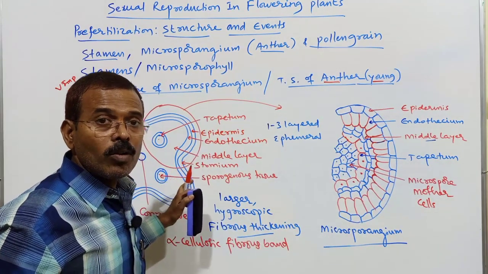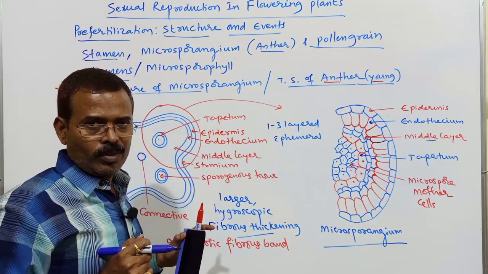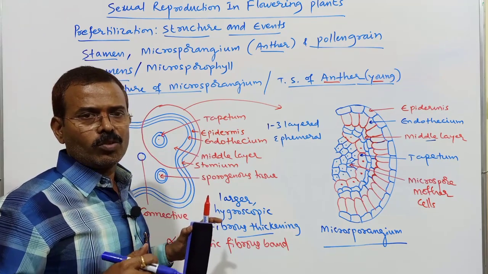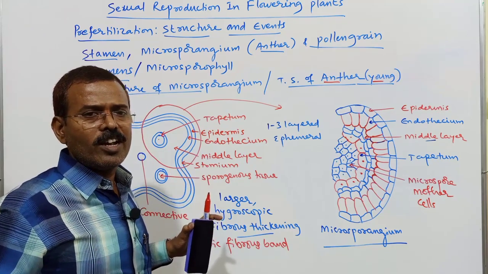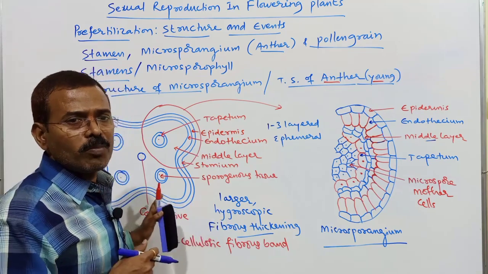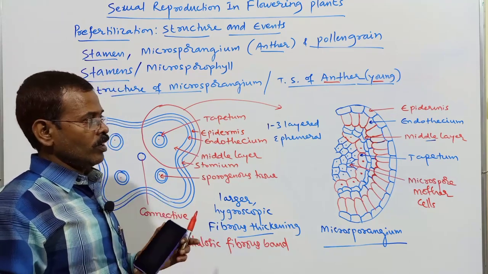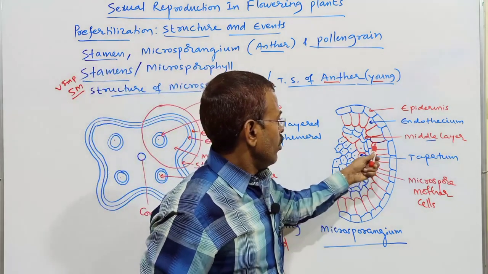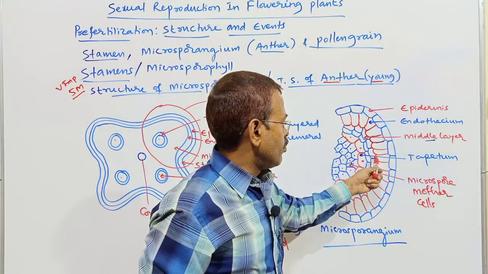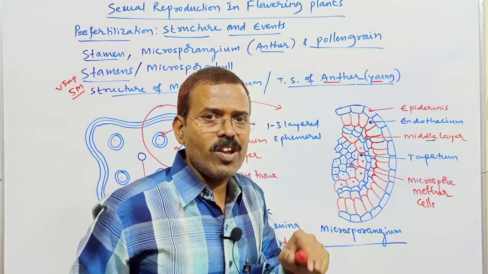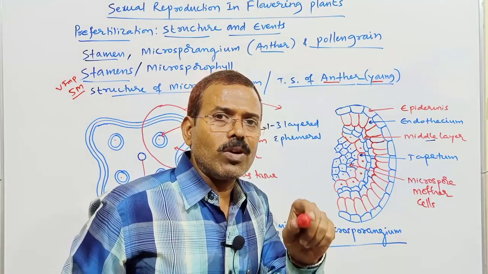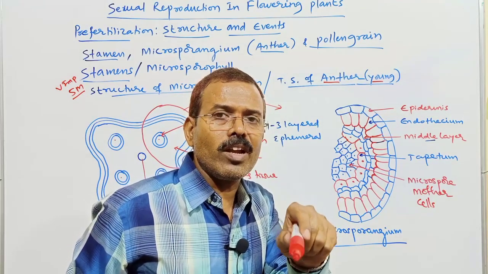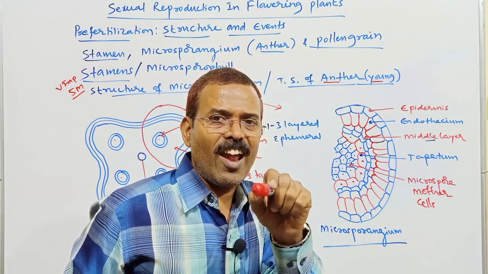Middle layer, 1 to 3 layer cells. These cells can soon degenerate or disintegrate and help in the nourishment of the sporogenous tissue. The alpha cellulosic fibrous bands which you can see in the endothecium, such kind of fibrous thickening is absent in the hydrophyte anther.